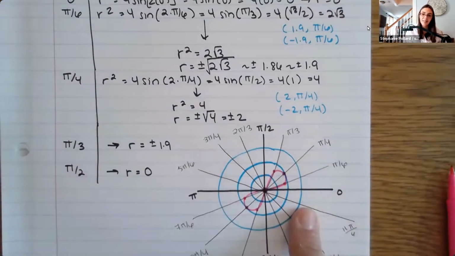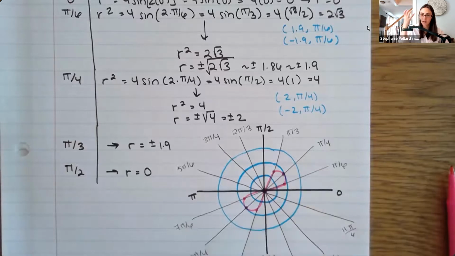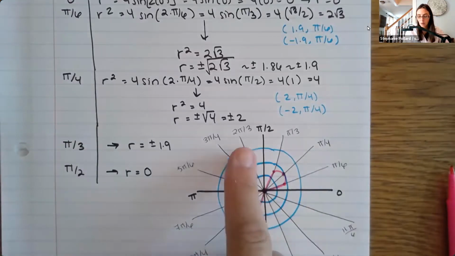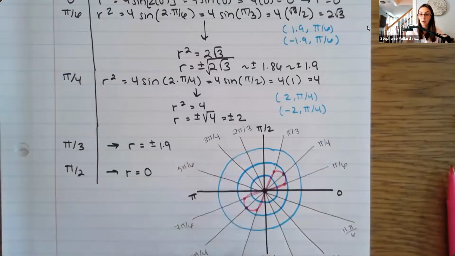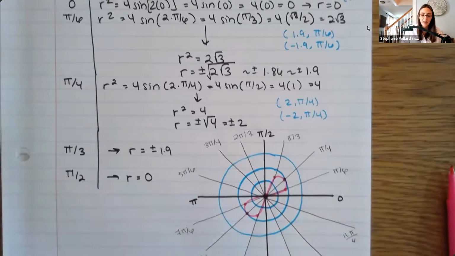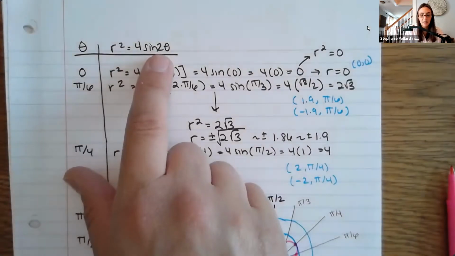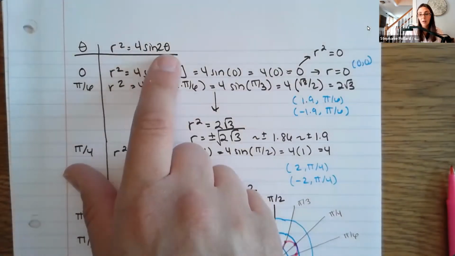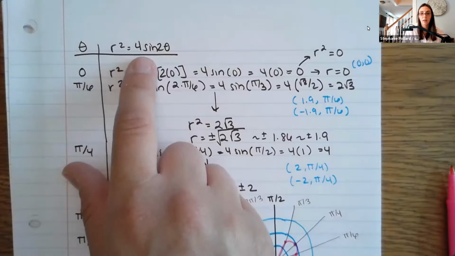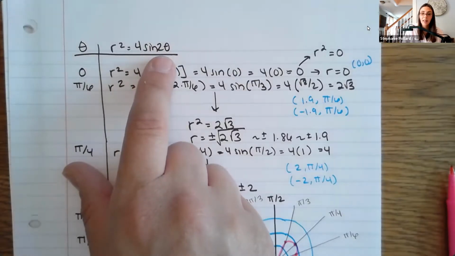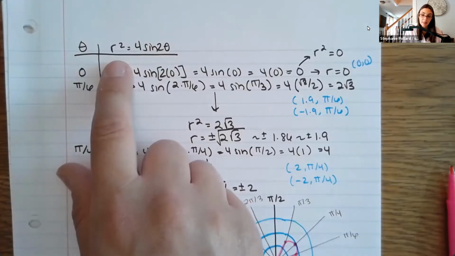And sine of 2 theta would then be negative, right? The sine represents the y piece, so if you're over here or here, then that sine is going to be negative, which is fine. There's nothing typically wrong with that. But if you look at your equation, that means sine of 2 theta would be negative, and so 4 times sine of 2 theta would also be negative. But the left side is an r squared, which has to be positive.